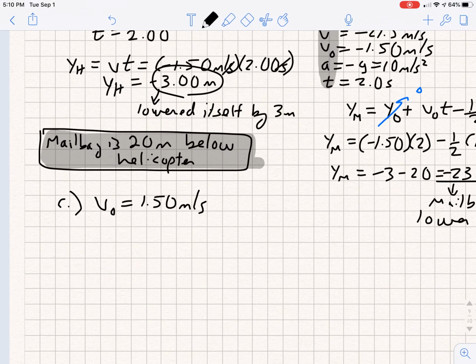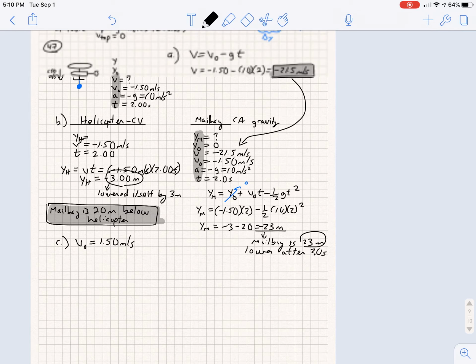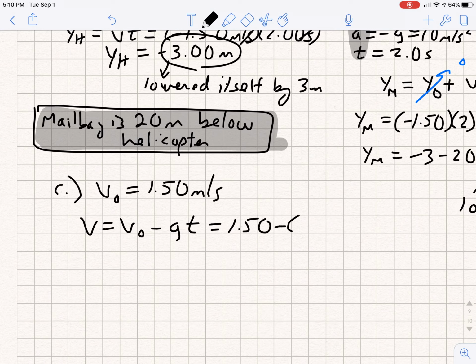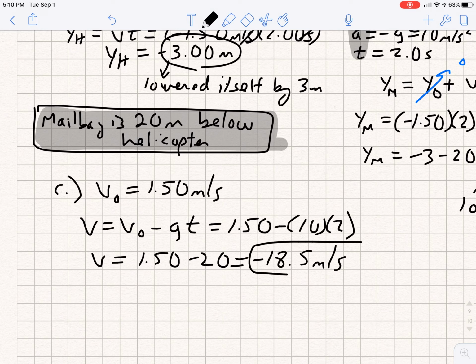Well, if we take a look at the velocity calculation, let's start there. V equals V naught minus GT. That would be 1.5 minus 10 times 2, or 1.5 minus 20, which is negative 18.5 meters per second.